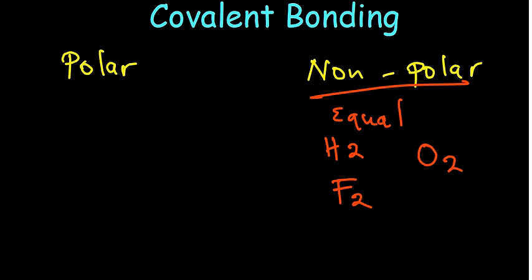All those are examples of non-polar covalent bonds. Okay, so equal sharing of electrons is non-polar covalent bonding. Now on the other hand, polar covalent bonding basically involves a high difference in electronegativity between the elements involved in the bond formation.